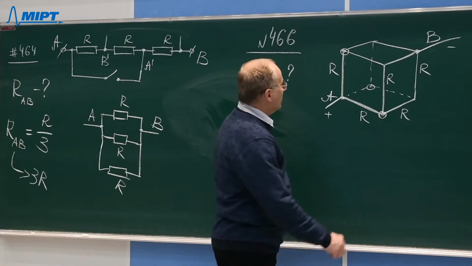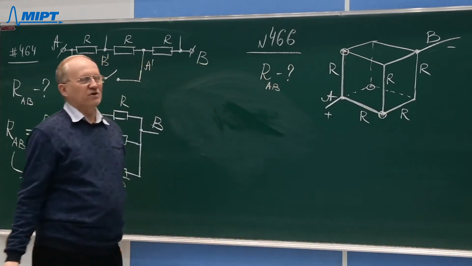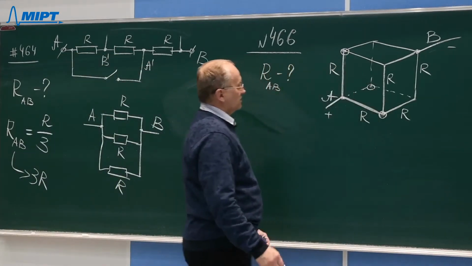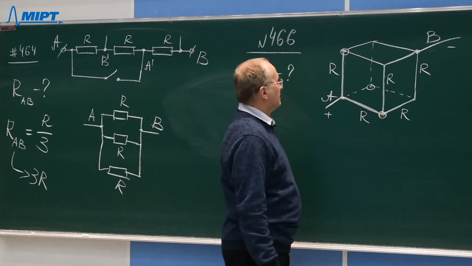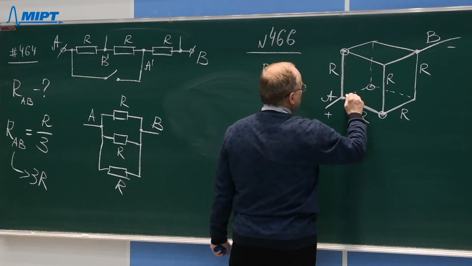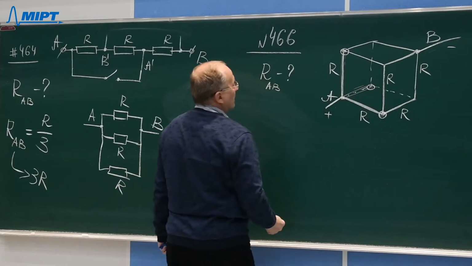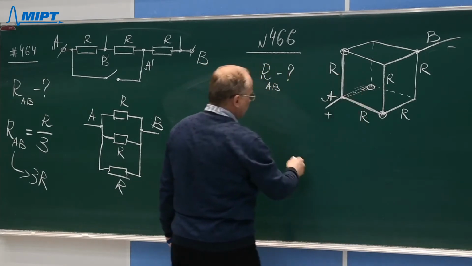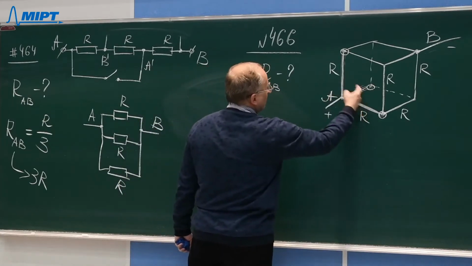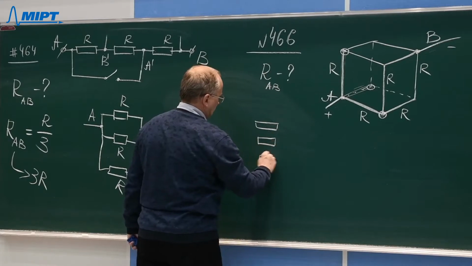It means that if we connect all these 3 points by some conducting wire, then there will be no current flowing between these points through the new connecting wire. Therefore, the first 3 sections of this cube can be depicted on an equivalent scheme like 3 parallel resistors, all of them equal.